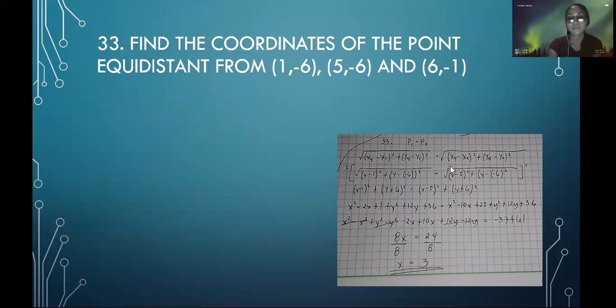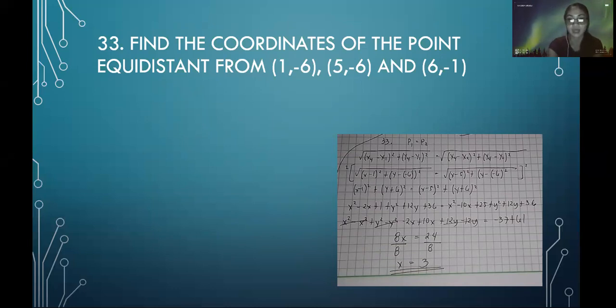So the square roots will be cancelled. So it will become (x minus 1) squared plus (y plus 6) squared equals (x minus 5) squared plus (y plus 6) squared. So x squared minus 2x plus 1 plus y squared plus 12y plus 36 equals x squared minus 10x plus 25 plus y squared plus 12y plus 36.